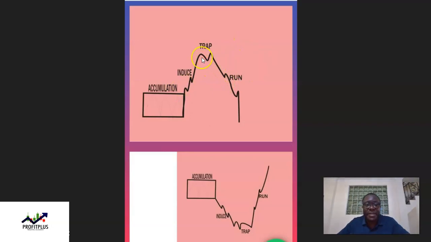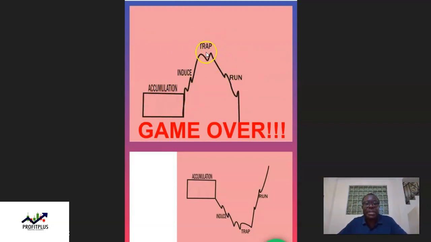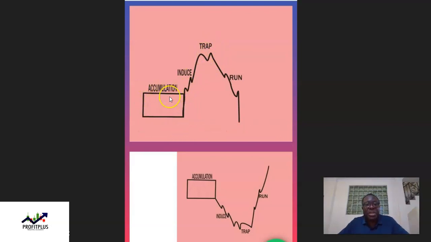Then the next phase is the trapping phase. At this point it is game over for the buyers. Everybody was okay. The market has been accumulating, ranging between support and resistance zones. Now there is a breakout. Let's enter. The breakout rule says buy or sell in the direction of the price breakout. Fine. But now a lot of people will take orders here, and a lot of orders will be taken. It is all inducement.